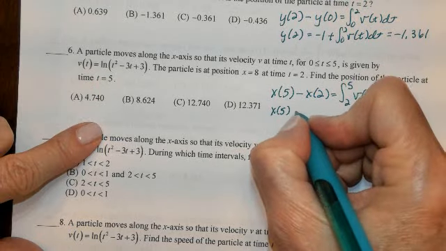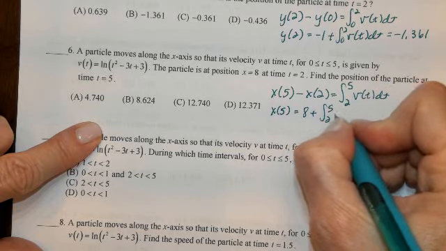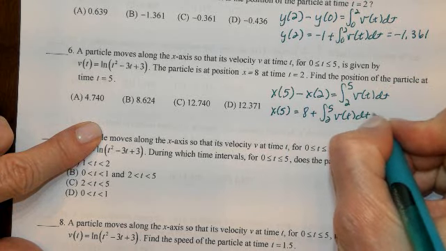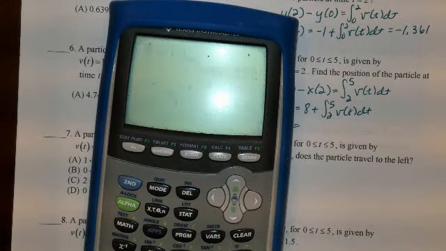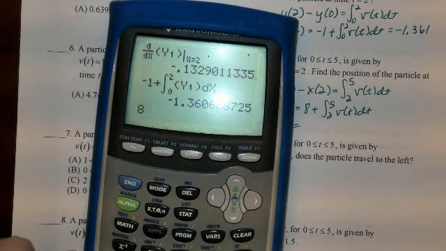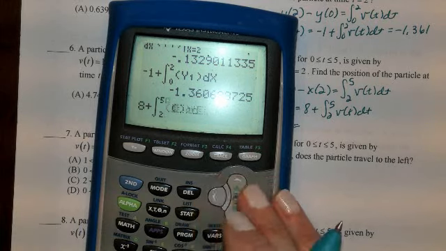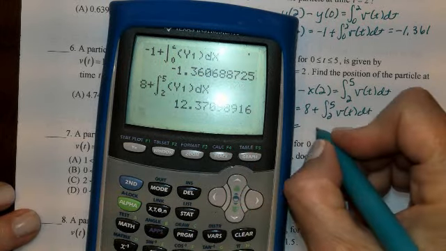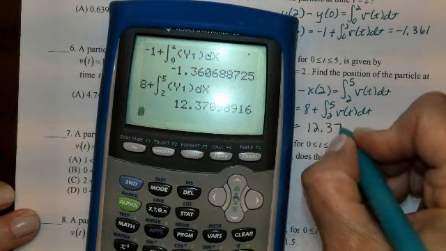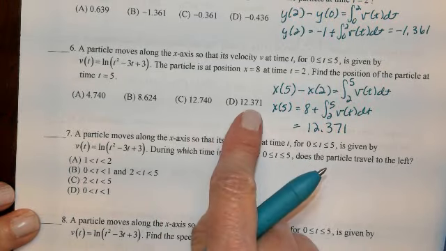So x at time 5, it must equal 8 plus that integral. So 8 plus math 9, 2 to 5 of y1, 12.371. 12.371. So D.